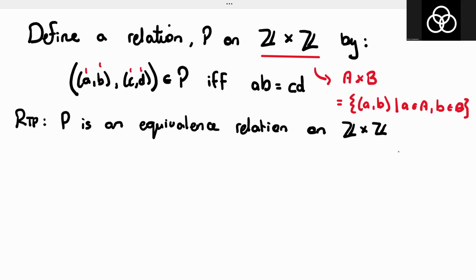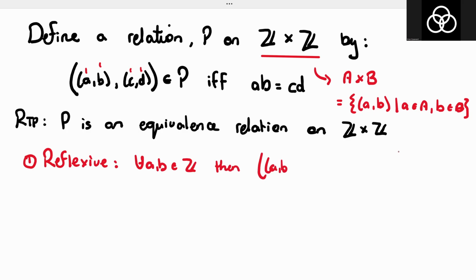And of course, to show that this is an equivalence relation, we need to do three things. We need to show it is reflexive, which means for all a, b belong to Z, then the ordered pair (a,b) is of course related to itself.